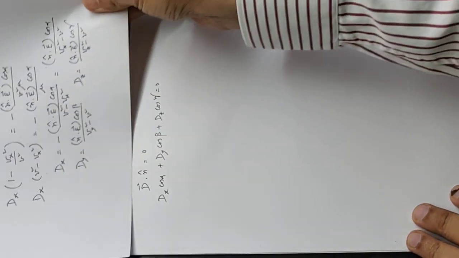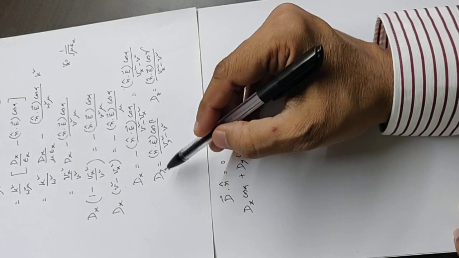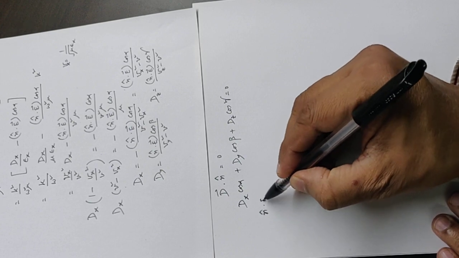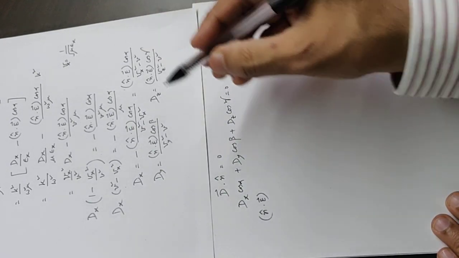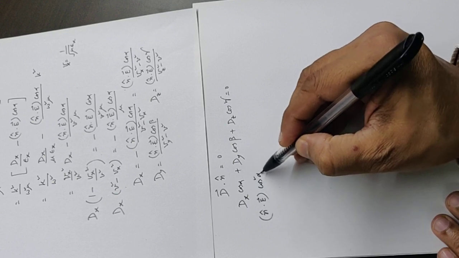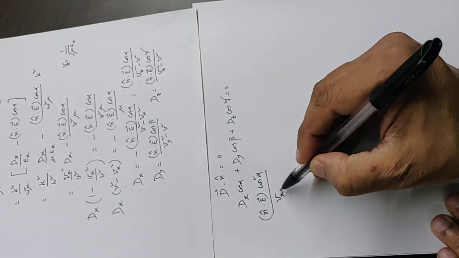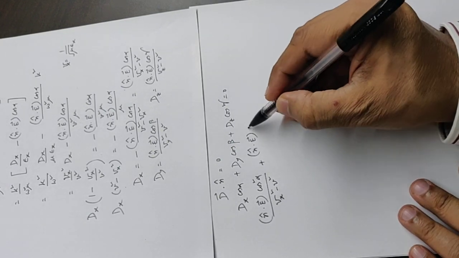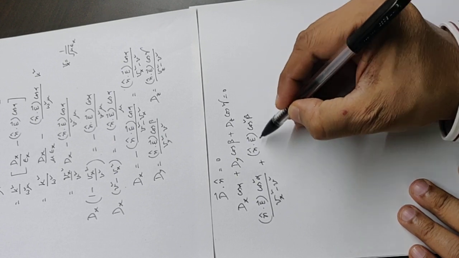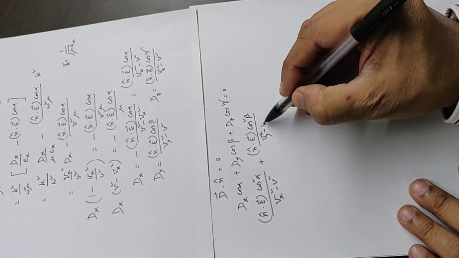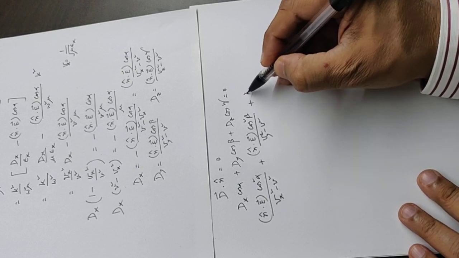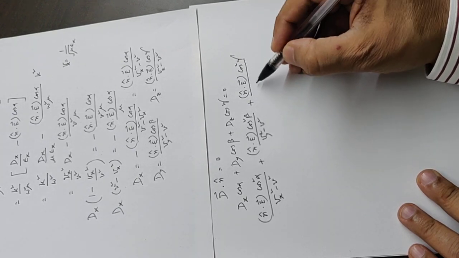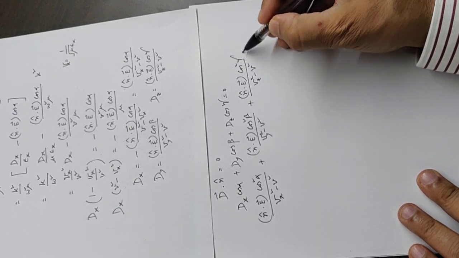And if you just see the values of dx, dy and dz, we can write this as n dot E cos square alpha divided by Vx square minus V square plus n dot E cos square beta divided by Vy square minus V square plus n dot E cos square gamma divided by Vz square minus V square equal to 0.